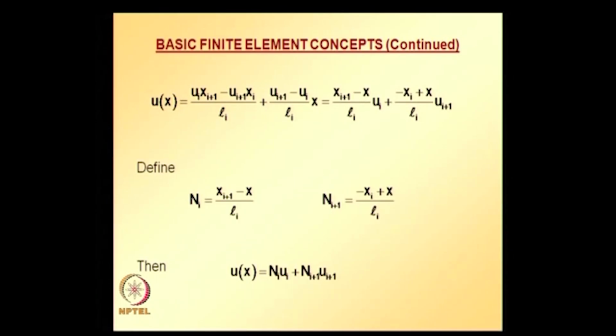So, the equation u can be written in a compact manner like this. Once we define what Ni and Ni plus 1 are, u is equal to Ni ui plus Ni plus 1 ui plus 1.